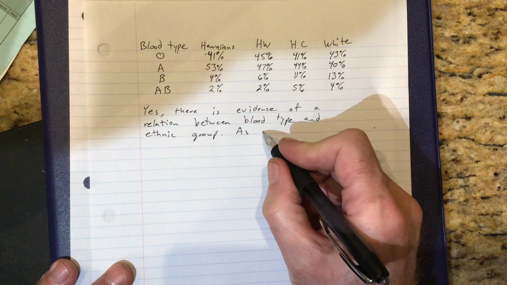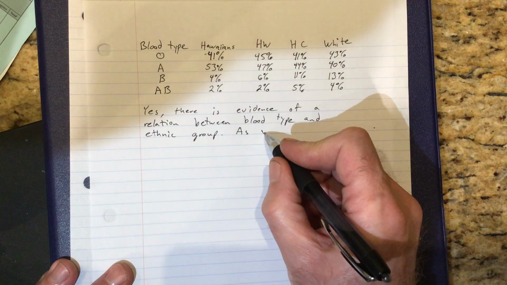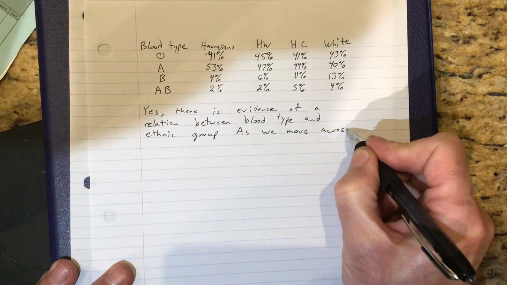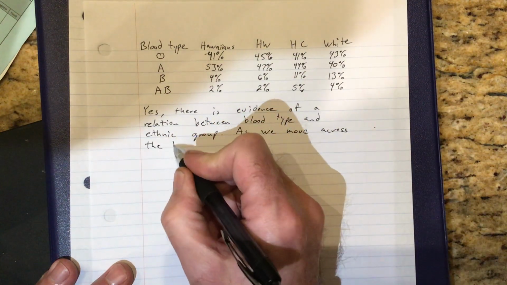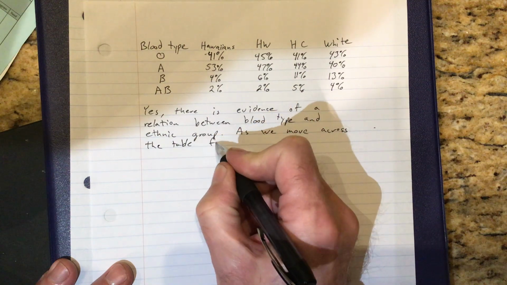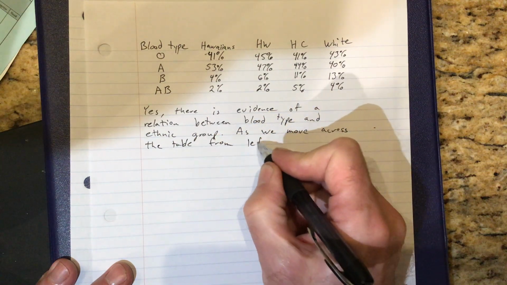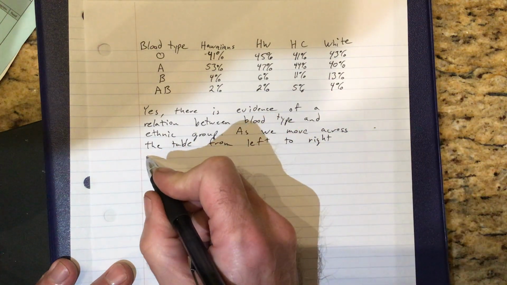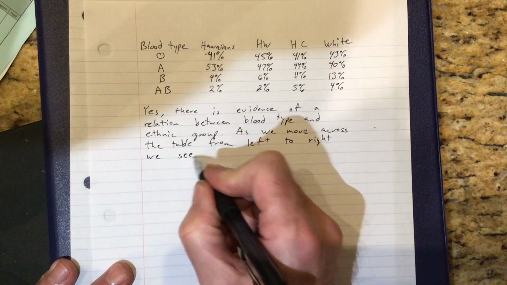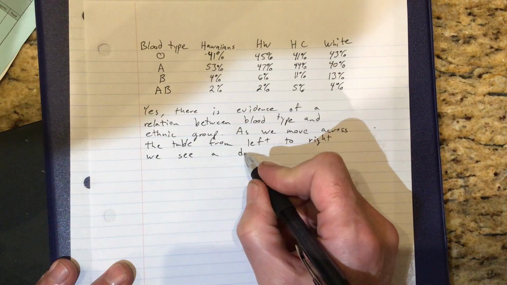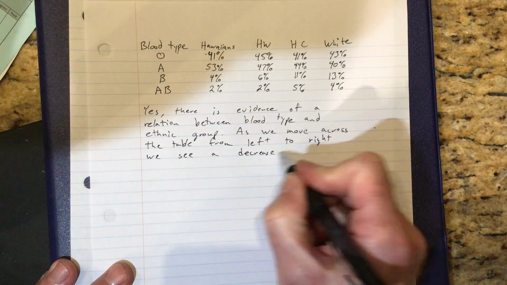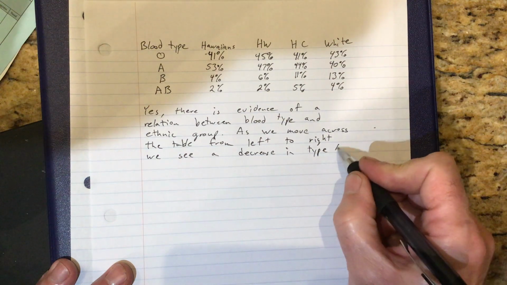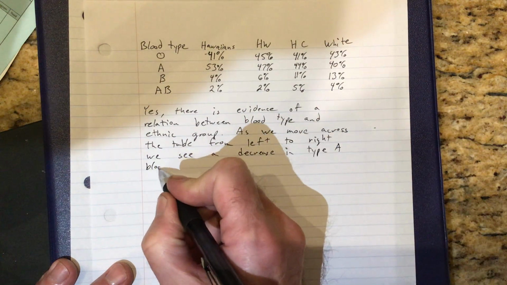As we move across the table from left to right, we see a decrease in type A blood.